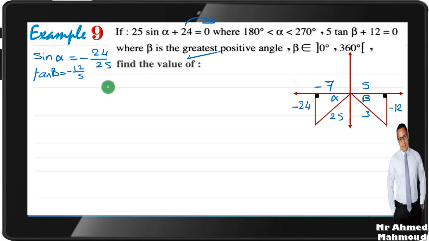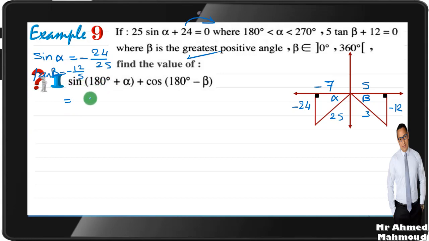Okay, now the first required: sine of 180 plus alpha plus cosine of 180 minus beta. Okay, before I said 180 doesn't change the function, so it will be sine alpha. 180 plus theta belongs to the third quadrant, so it is negative. Sine in the third is negative.